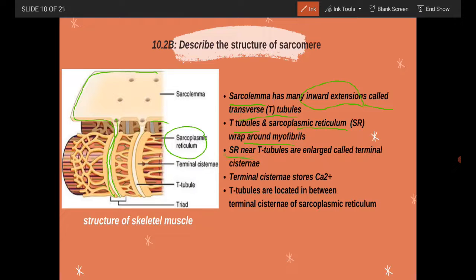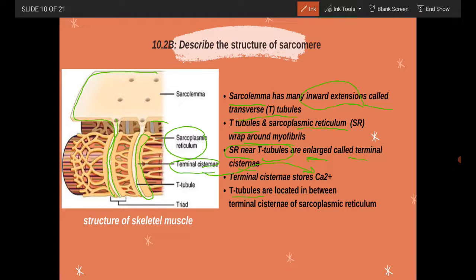SR, sarcoplasmic reticulum near T-tubules, enlarges and is called terminal cisternae. So over here is the terminal cisternae. The function of terminal cisternae is to store calcium ion.